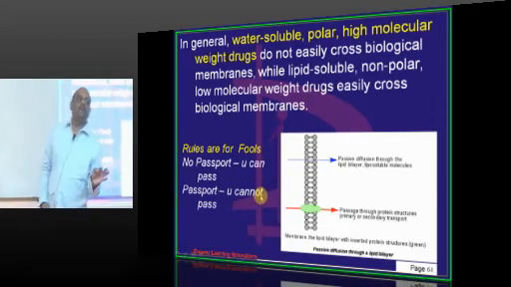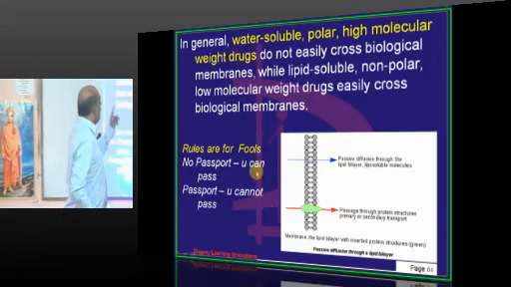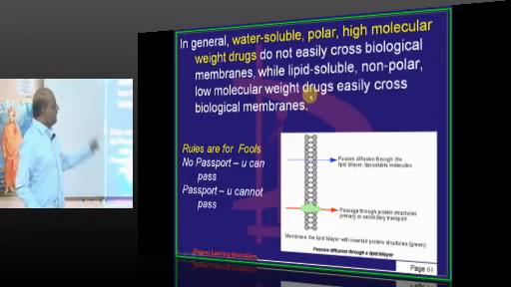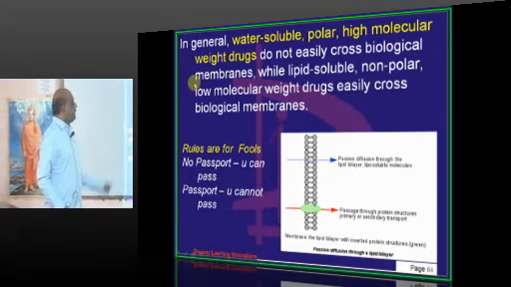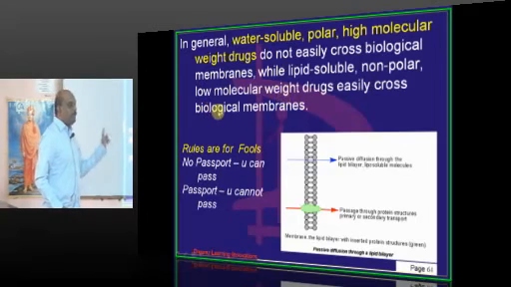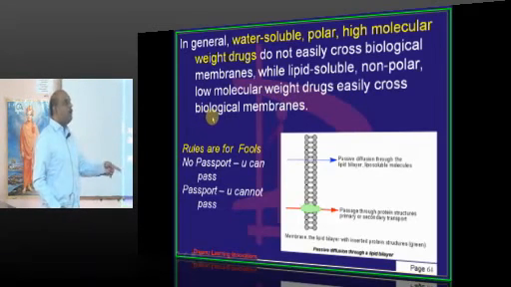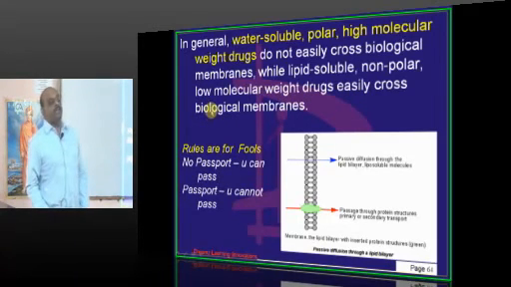The converse statement of that is, a drug which is lipid soluble, which is non-polar with a low molecular weight, can cross the biological membrane very easily. That is what needs to be remembered.